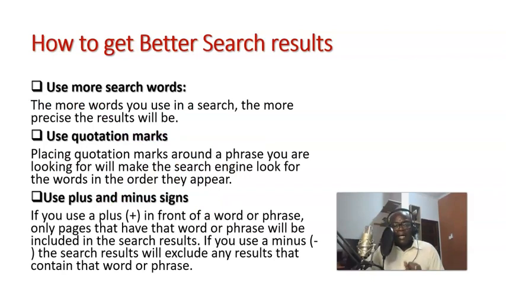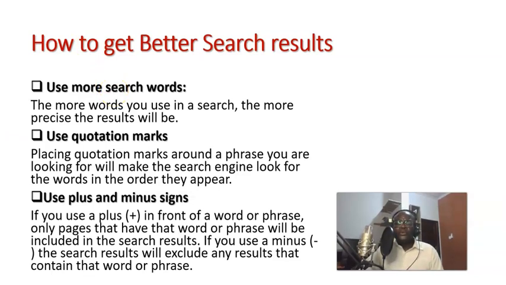Now, remember I said that when you search for something on the internet, so many words are going to appear. But I want to teach you three ways you can improve your search results. What I mean is to help you quickly find what you're looking for. Number one, you need to use more search words.